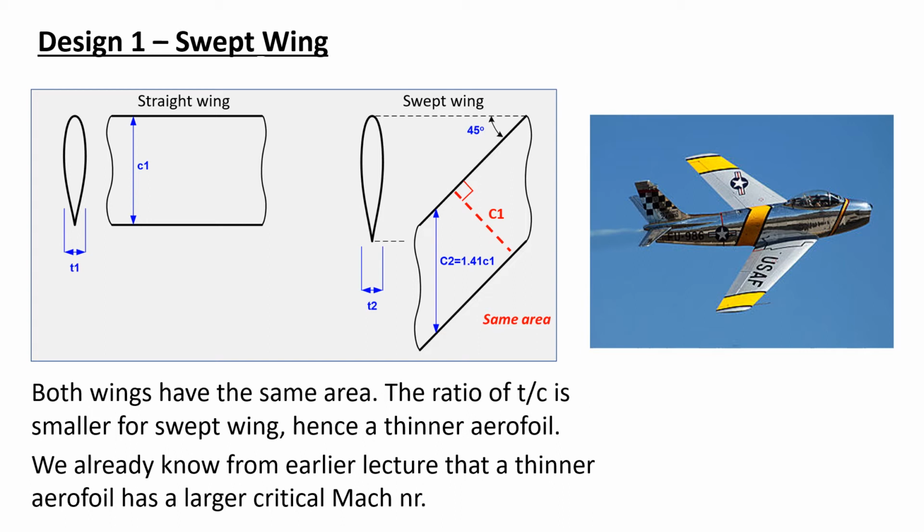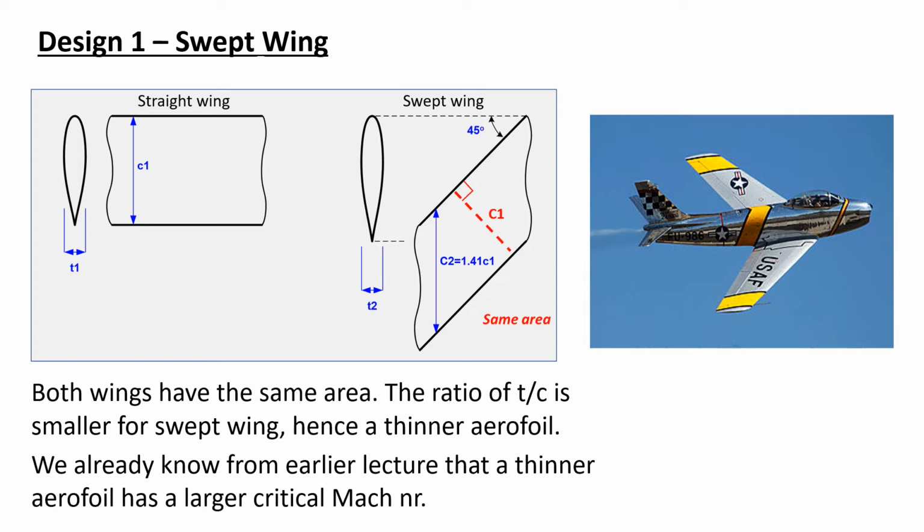So this is one possible explanation. Now we see another explanation. You can see here in the plot, we have a straight wing and a swept wing. The straight wing has a chord of C1, and the maximum thickness is T1. And we have a 45 degrees swept wing, in order to make the wing area the same.